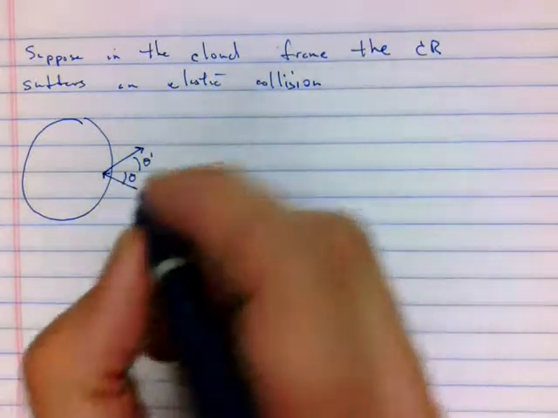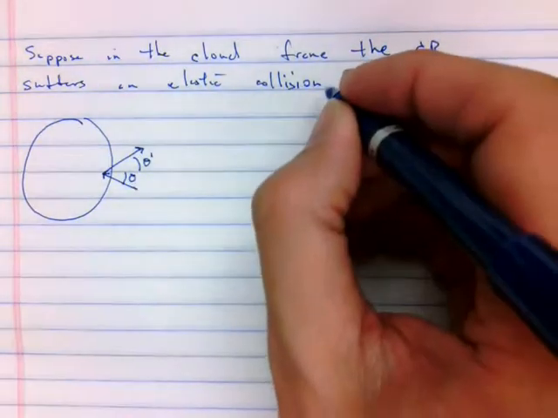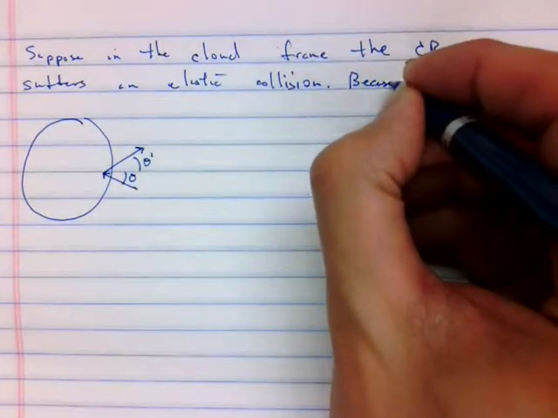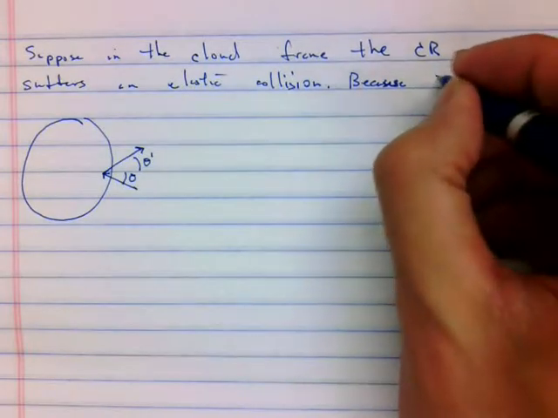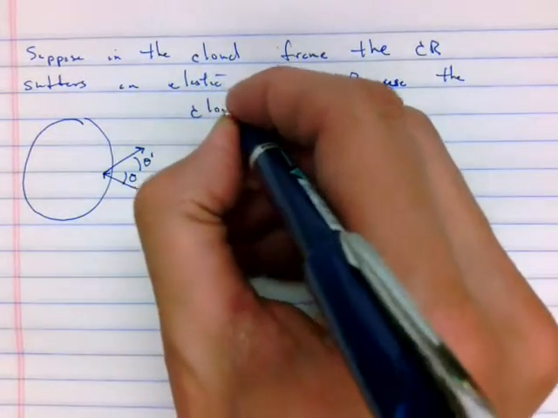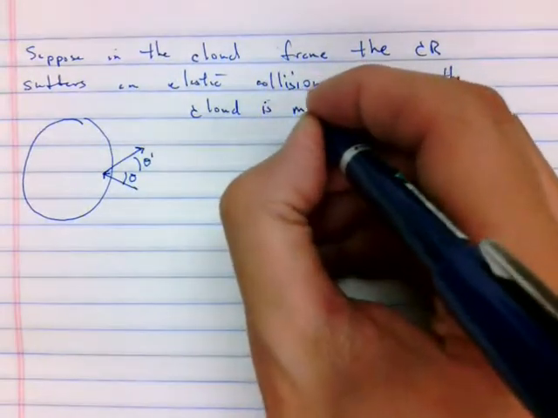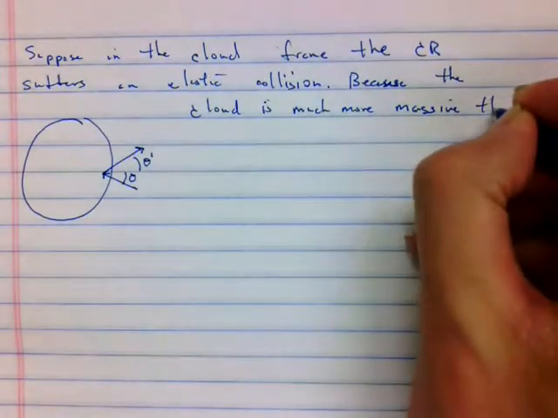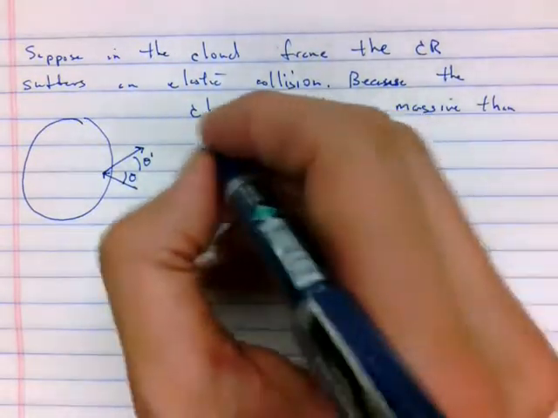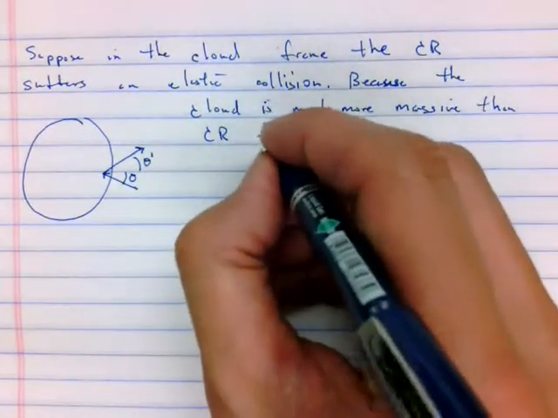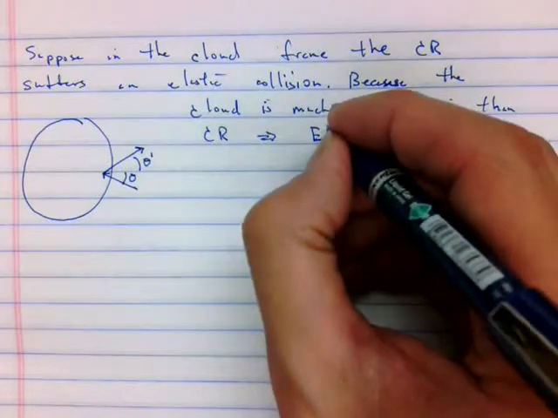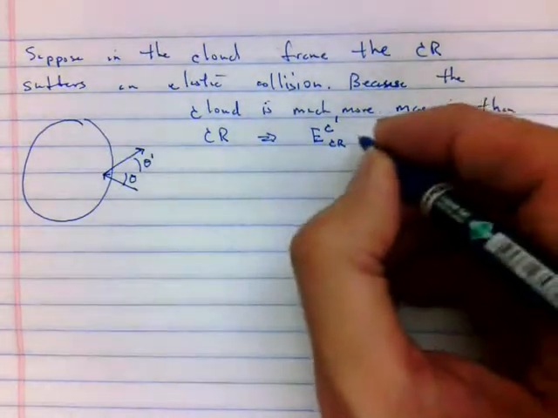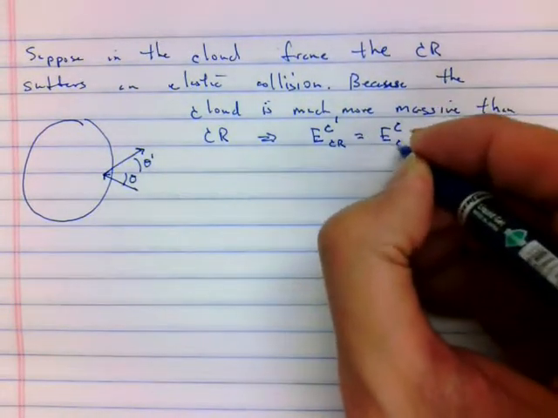So if it suffers an elastic collision in the cloud frame, because the cloud is much more massive than the cosmic ray, that means that E_C prime of the cosmic ray is equal to E_C of the cosmic ray.